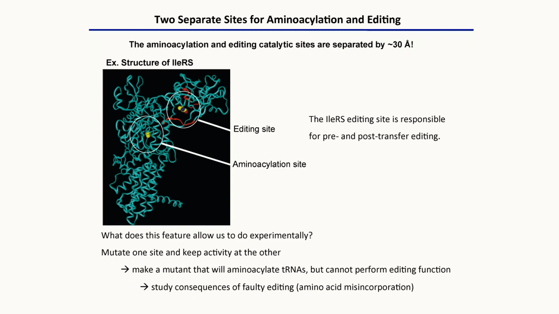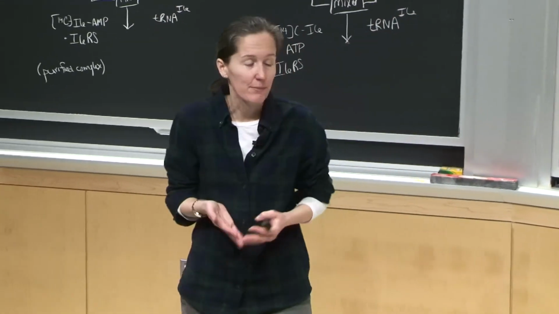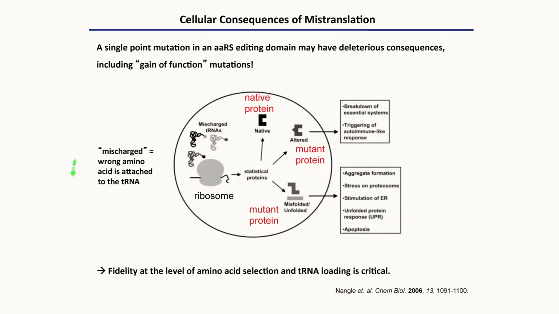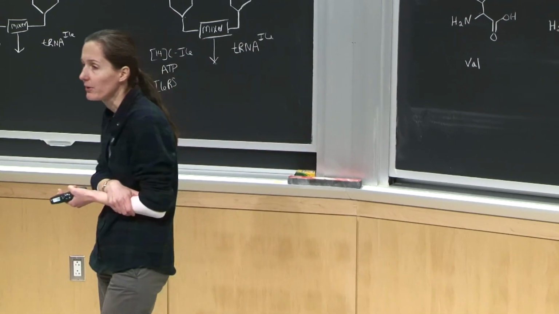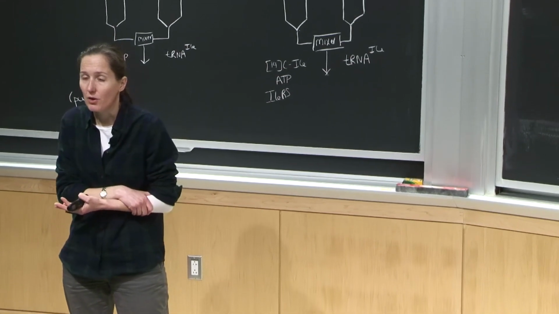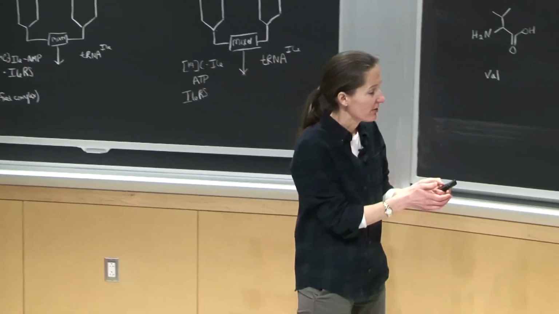And these types of studies have been done. We're not going to look at them in detail, but just as an overview and some concepts that will come up within our folding section, what's been shown is that a single point mutation in an editing domain of one of these aminoacyl-tRNA synthetases may have deleterious consequences. And we can imagine that these consequences could result from proteins or enzymes that gain a new function or don't do their correct function, right?